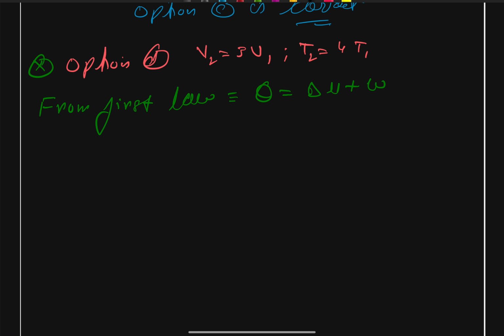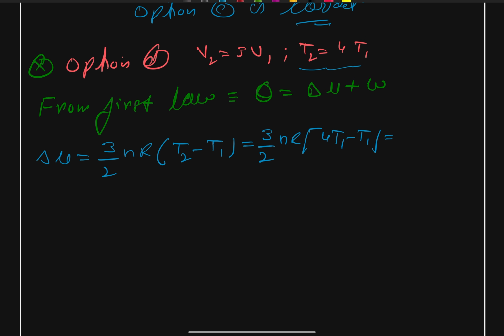that is delta U, is temperature dependent. So this is 3 by 2 nR (T2 minus T1), which we have already written, but here the value of temperature will be different. T2 is 4 times T1. This comes as 3 by 2 nR (4 T1 minus T1), which gives us 9 by 2 nR T1.